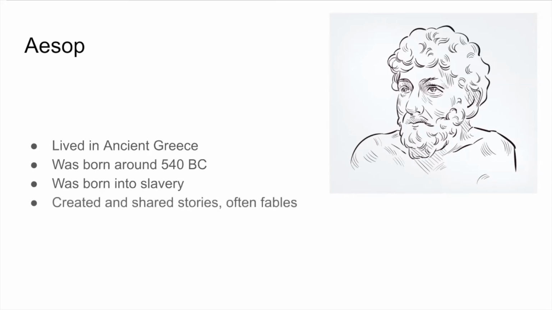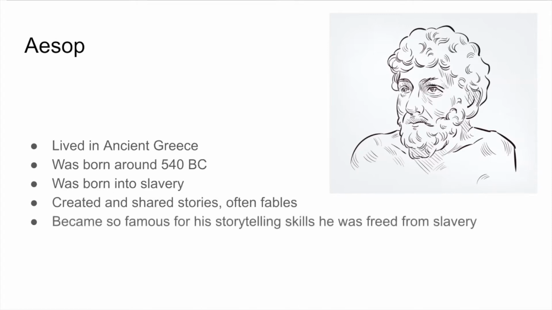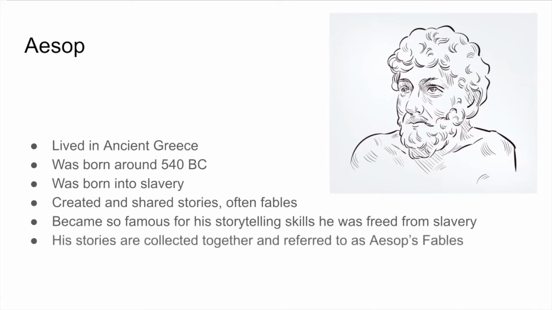He created and shared many different kinds of stories, and many of those were often fables. It is known, although we're not 100% sure, there is a story that says that he became so famous for his storytelling skills that he was freed from slavery. And his stories are collected together and referred to as Aesop's Fables.